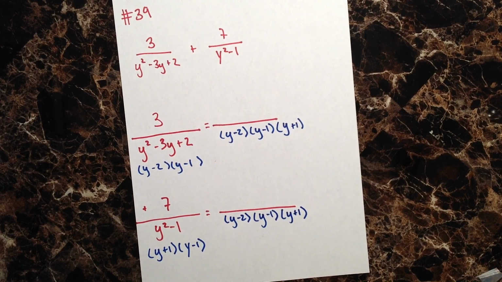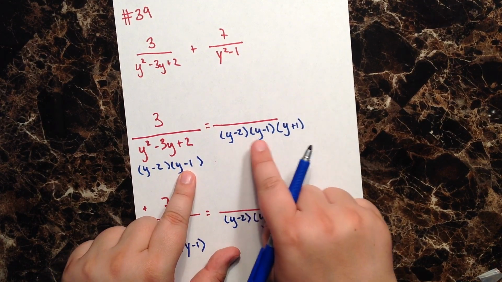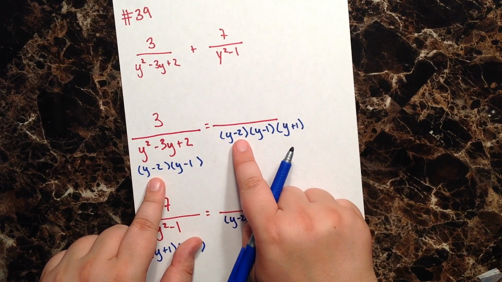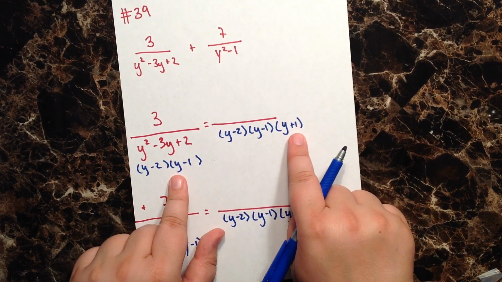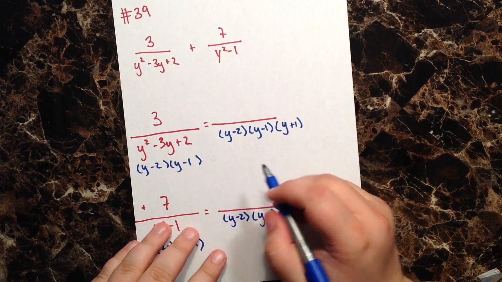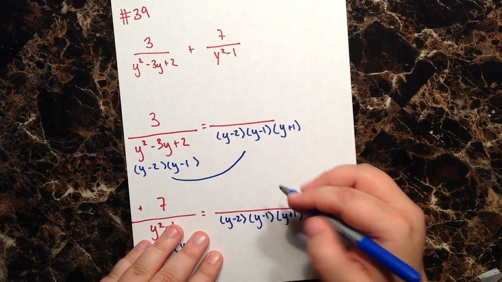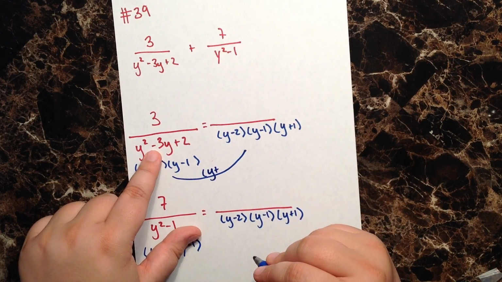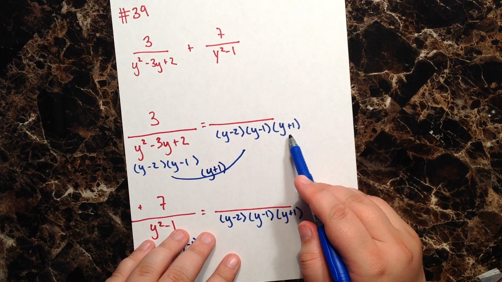Yes, it is. All right, so now that we've established what our common denominator is going to be, we go back and we look to see whether or not each factor was in our original denominator. Well, y minus 2 checks, y minus 1 checks. Oh, looks like I'm missing my y plus 1. So since I'm missing my y plus 1 in the original, and I added it to my common, really that means I multiplied this denominator by y plus 1 so that it was included as my common.